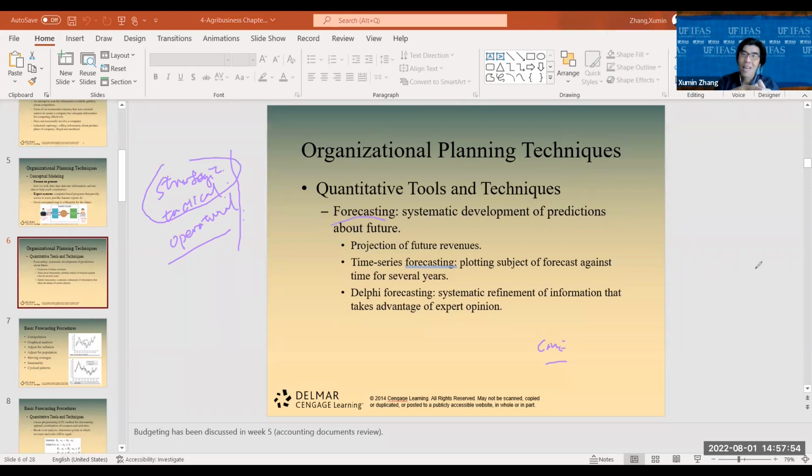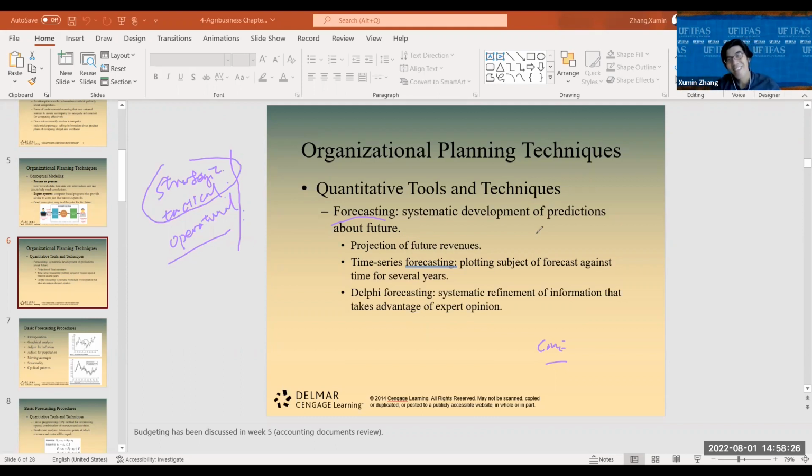Trying to think about what the forecasting tools are. We call them quantitative tools and techniques, but now we make it more specific. This is forecasting. How we can project the future sales, the future revenue, future expense, and then we predict what? The profit, right?